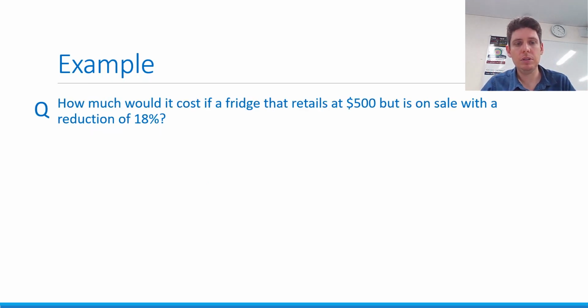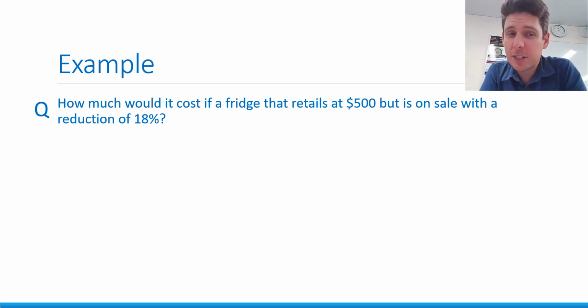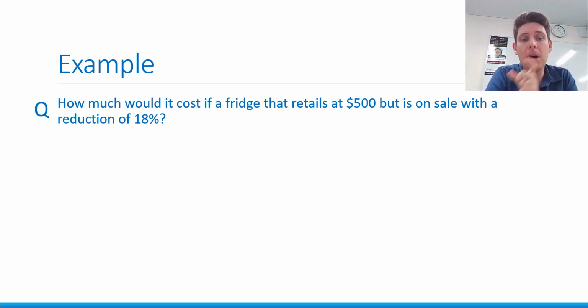So here's an example. Let's say you want to buy a fridge. It retails at $500. That means it's the original amount, or just the regular cost to a person, is $500. But it's on sale. Woohoo! It's reduced by 18%. Now, I don't know if you remember, you do 100 minus the 18 and multiply the 500 by that number.